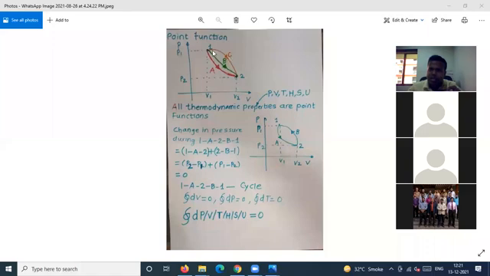Thirdly, I opted for path C, still I'm reaching the same point. That means when you see the pressure and volume, whether it's path A or B or C, I'm reaching the same point. That's why properties like pressure, volume, temperature are called point functions, because they will not depend upon the path, whether it's A or B or C.